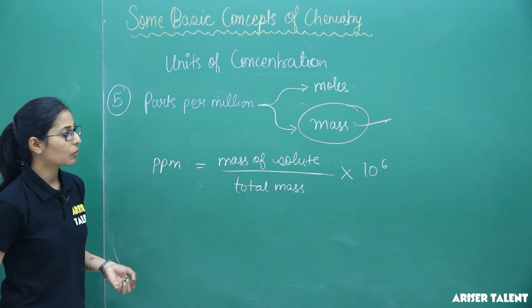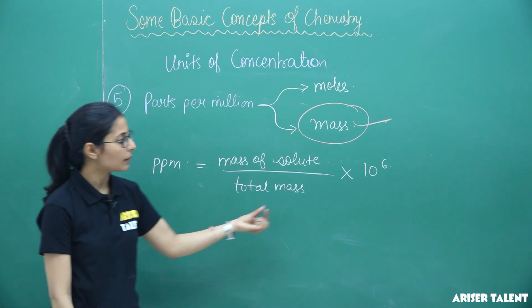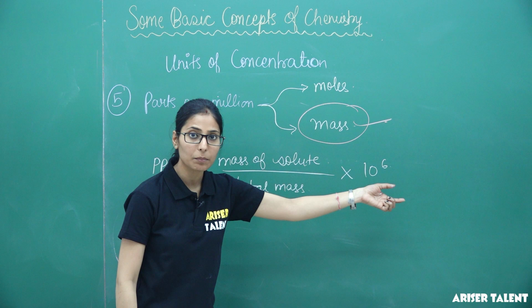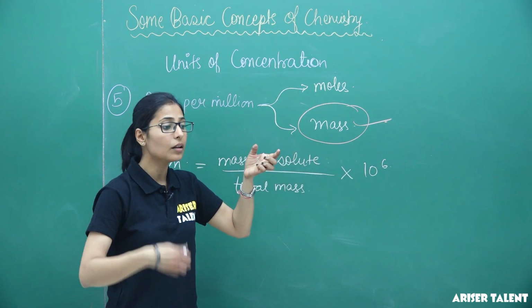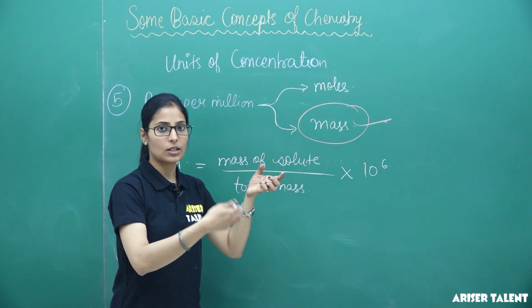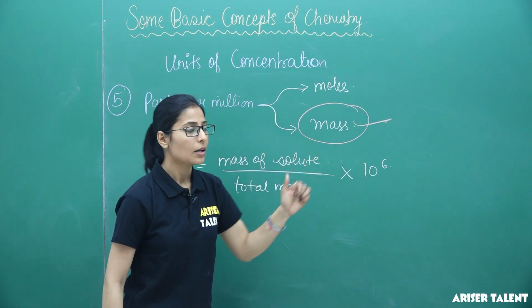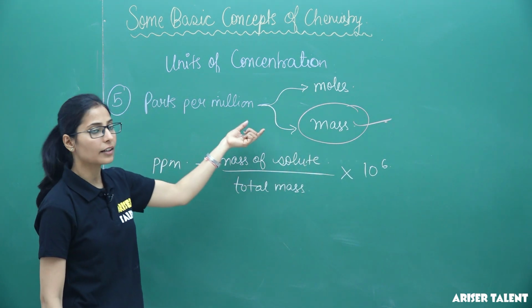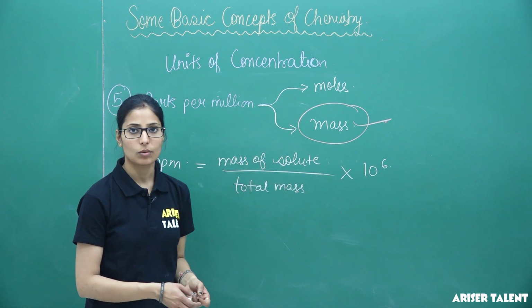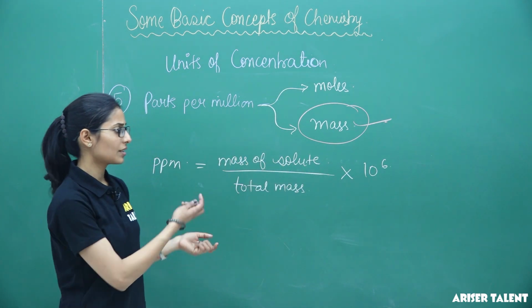Earlier, when we were calculating the percentage composition, we were multiplying by 100, because there we were expressing the amount of solute in terms of percentage. But since now we have a per million value, we are multiplying this with 10 to the power 6. Okay. So, this is quite simple.